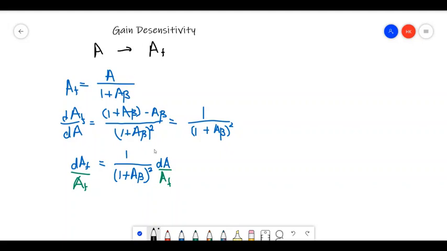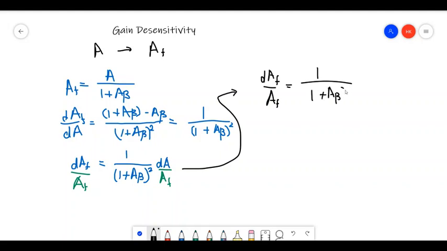We know what Af is, so to this side I'm going to substitute this. Then I'll get dAf over Af is equal to 1 over (1 plus A beta) squared times 1 over A divided by 1 plus A beta, times dA.